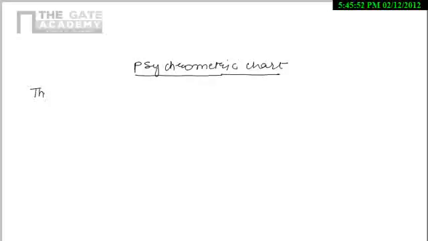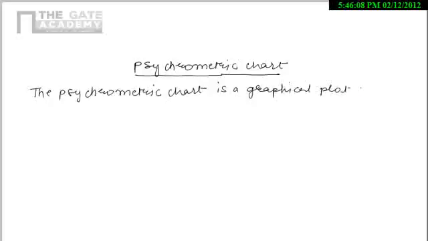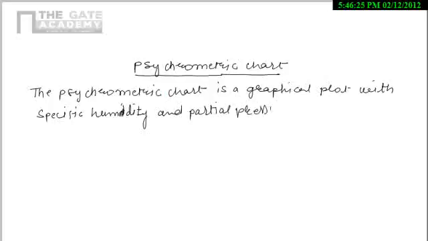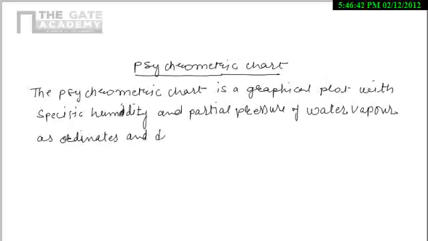So I can write here: the psychrometric chart is a graphical plot with specific humidity and partial pressure of water vapor as ordinates and dry bulb temperature as abscissa.